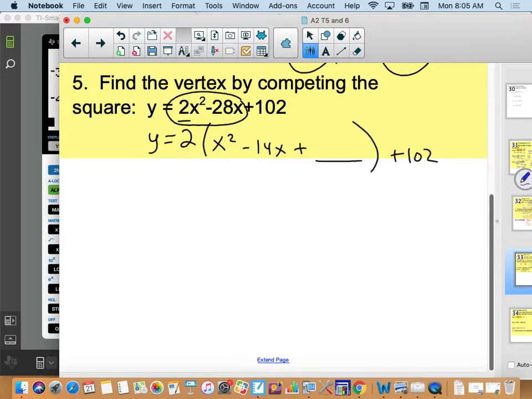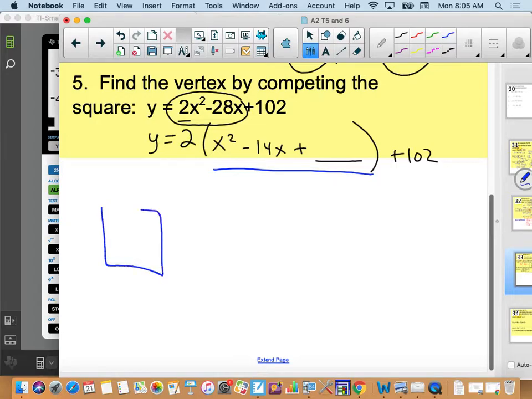So the idea here is we want to make this a perfect square. Thinking visually, we have x squared and a negative 14x to work with. So if I want to make a perfect square, I'm going to split that negative 14x in half. So if you take half of negative 14x, you get negative 7x. That's going to ensure this is a square. The dimensions of the square would be x minus 7 by x minus 7.